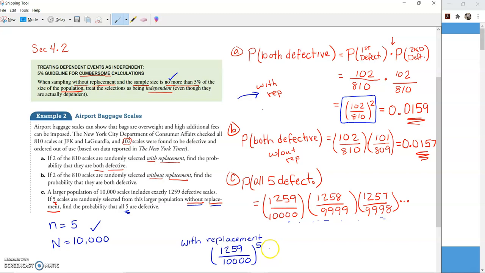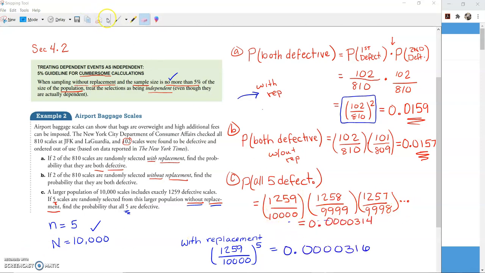What you'll find is this answer is close enough to be relatively accurate, and this shortcut saved us from having to type all these numbers in. So I'm going to type this in the calculator and see how close it is.